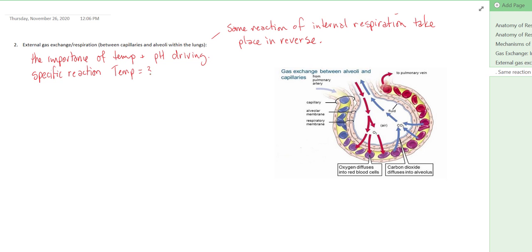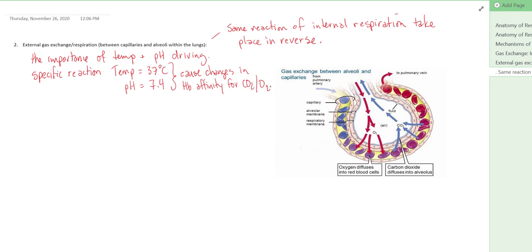So the temperature is more around 37 degrees Celsius, and the pH is less acidic, even more basic, the pH of the blood being around 7.4. And so these create or cause changes in hemoglobin's affinity or lack of for CO2 and O2.